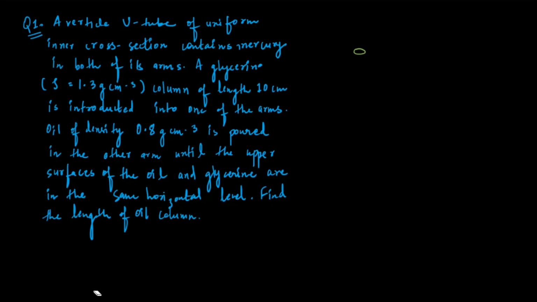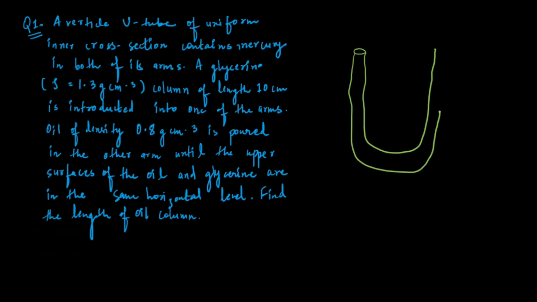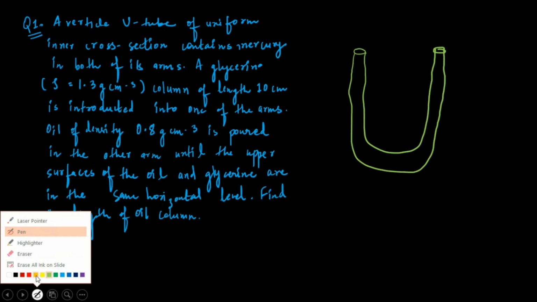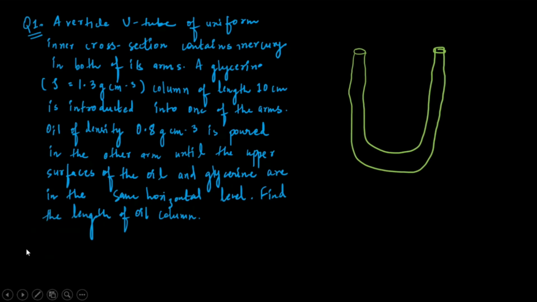See, when attempting any question in physics, the first step is to draw it. If you are able to draw it, then the job is mostly done, because applying the concept is not difficult at all. It's Pascal's principle, rho g h.